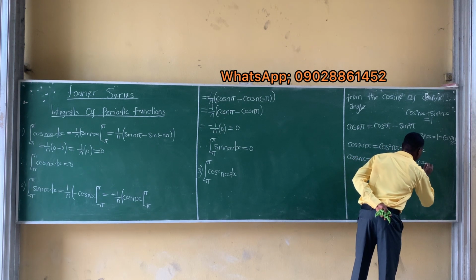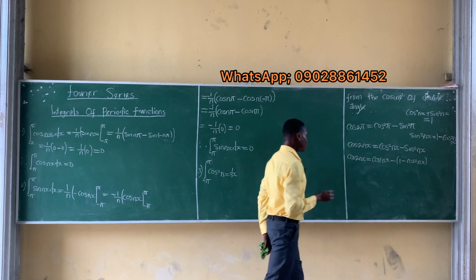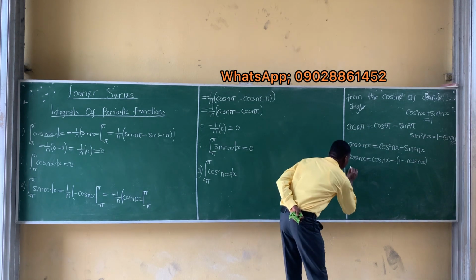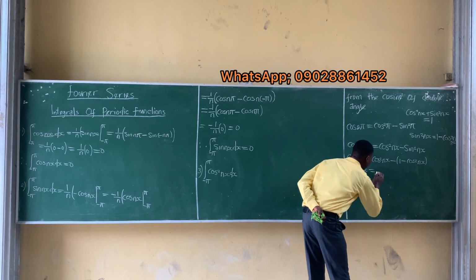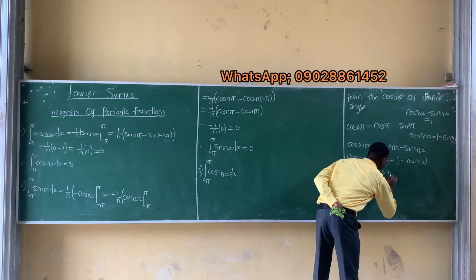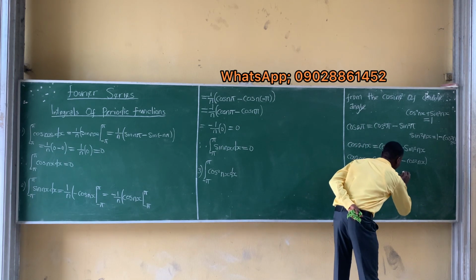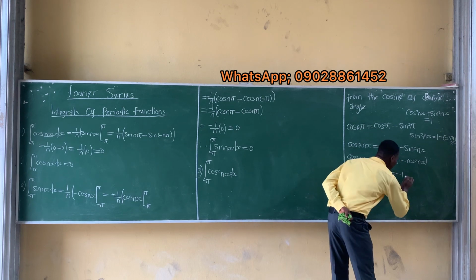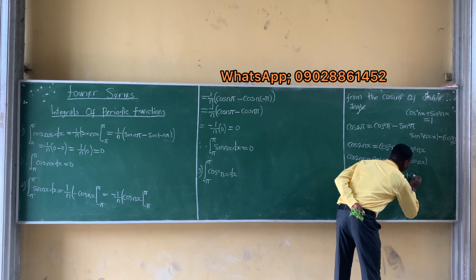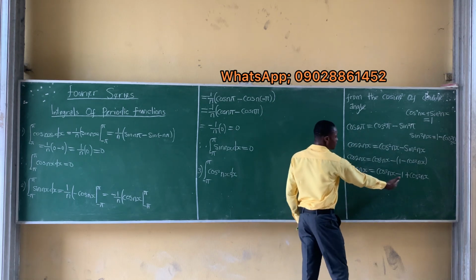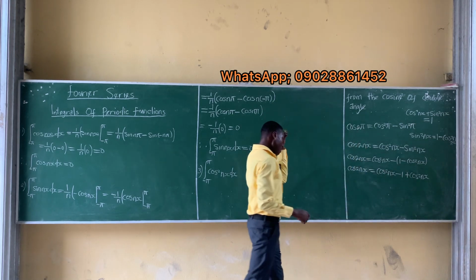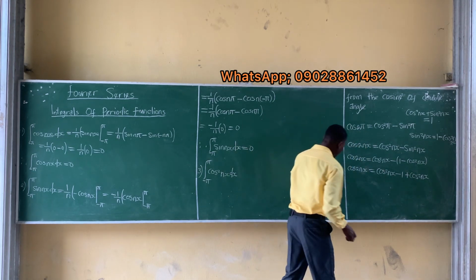So this means that we have cos 2nx is equal to cos square nx minus 1, minus times minus plus cos square nx. So we have cos square nx here, we have cos square nx here. We can collect like terms and add them up.